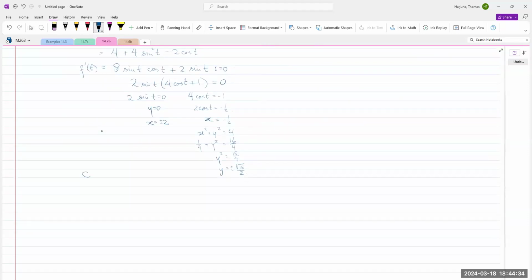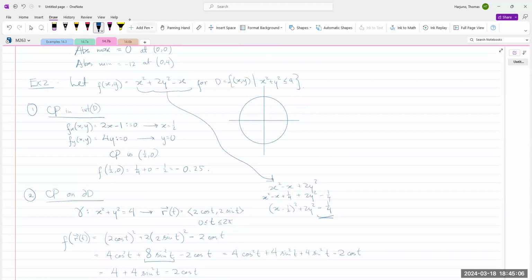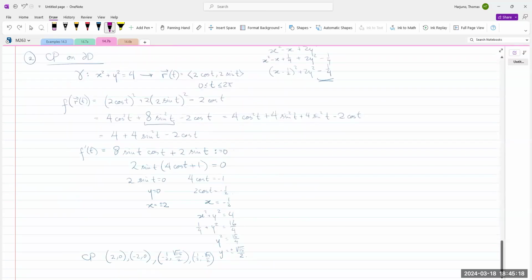So our critical points on the boundary are (2, 0), (-2, 0), and (-1/2, radical 15/2), (-1/2, negative radical 15/2). Of course, don't forget the endpoints of this parameterization, which is (2, 0), because t equals 0 and t equals 2 pi both give us (2, 0).